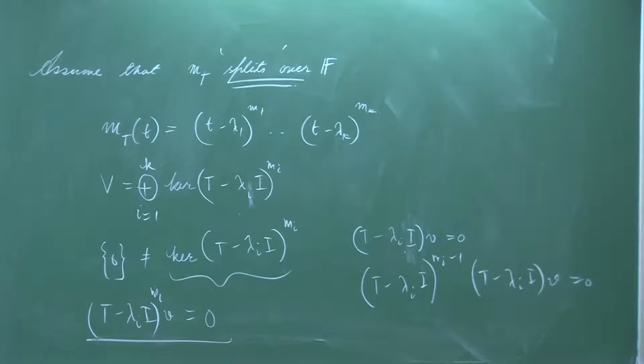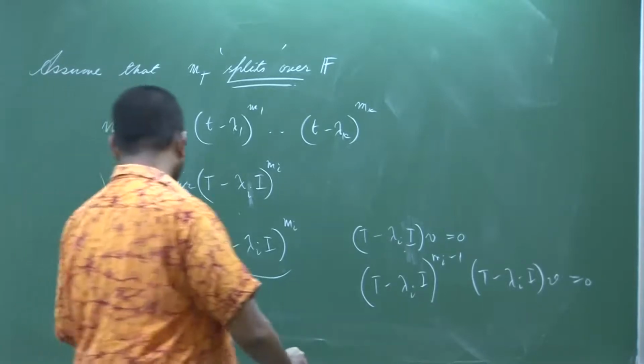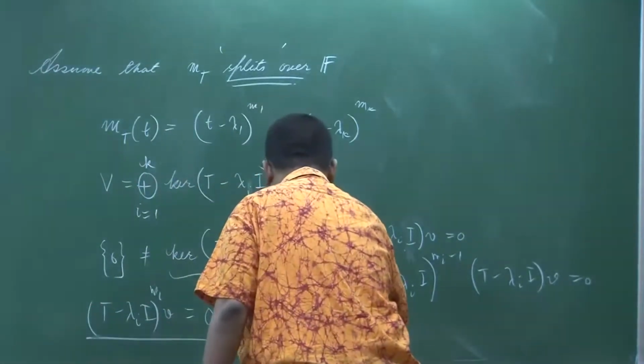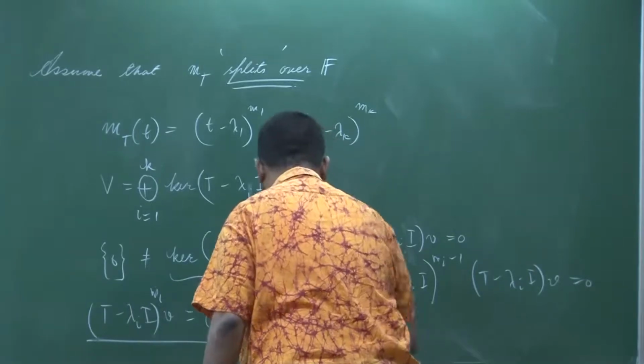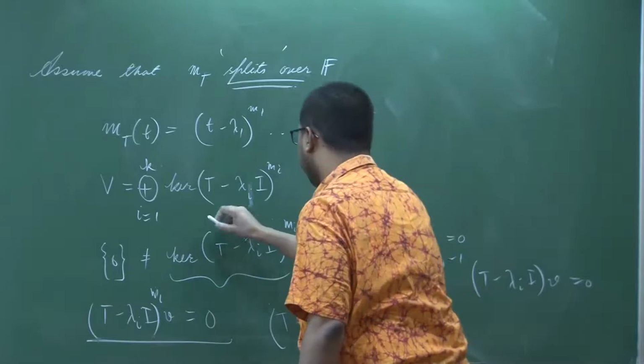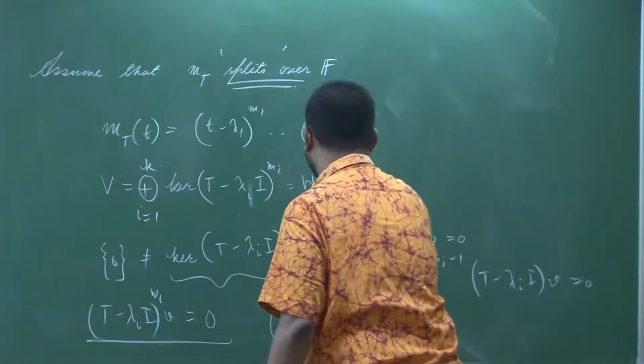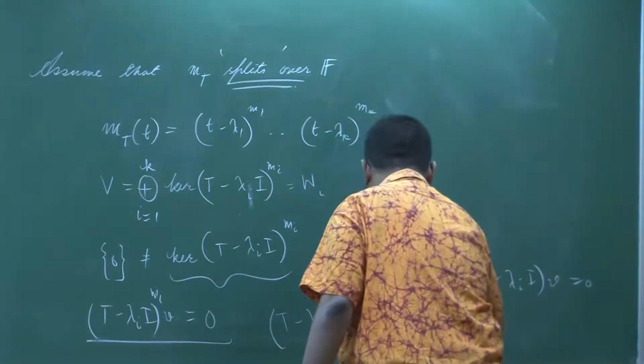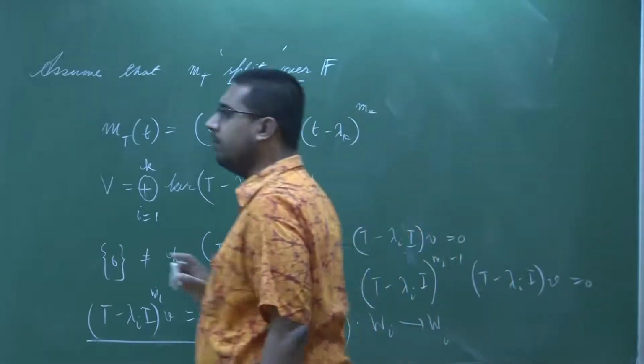Now we observe that the operator T minus lambda_i I, as a map on W_i, a linear operator on W_i, is nilpotent.